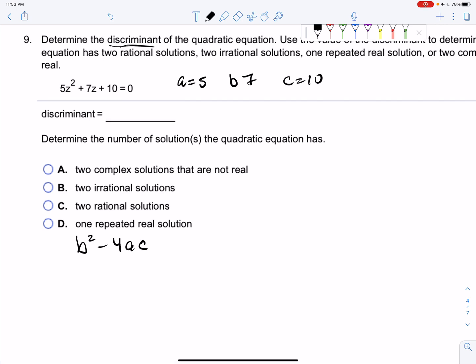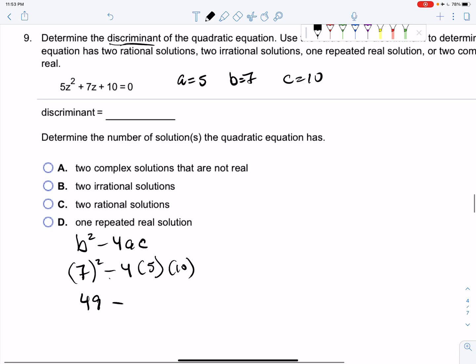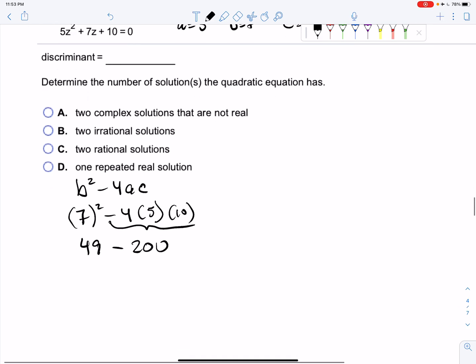So b, in our case here, b equals 7. So we've got 7 squared minus 4 times a, which is 5, times c, which is 10. 7 squared is 49. And then we've got the negative 4 times 5 times 10, which gives us a negative 200. 49 minus 200 will give us a negative 151.